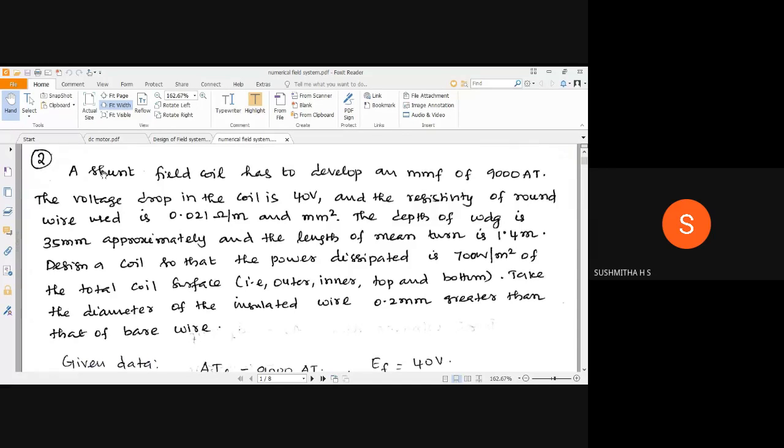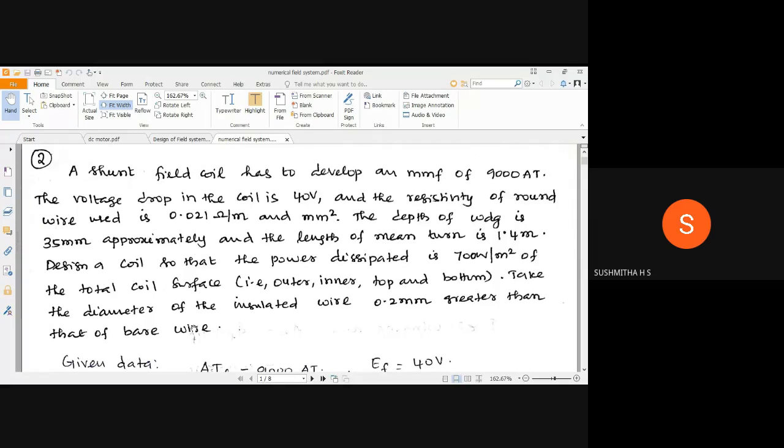A shunt field coil has to develop an MMF of 9080. The voltage drop in this coil is 40 volts, and the resistivity of round wire used is 0.021 ohm per meter and mm square. The depth of the winding is 35 mm approximately, and the length of the mean turn is 1.4 m.